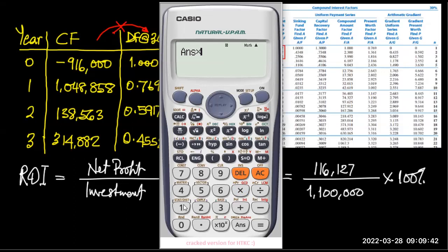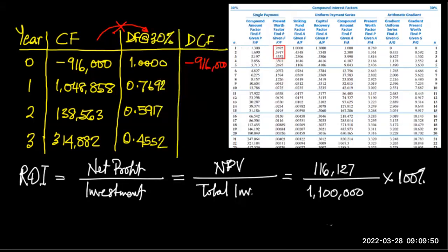Multiply this by 100, that's 10.6%. So this is equal to, yes, ABC. Let's go back and check what the lecturer had. Yeah, two decimal places.